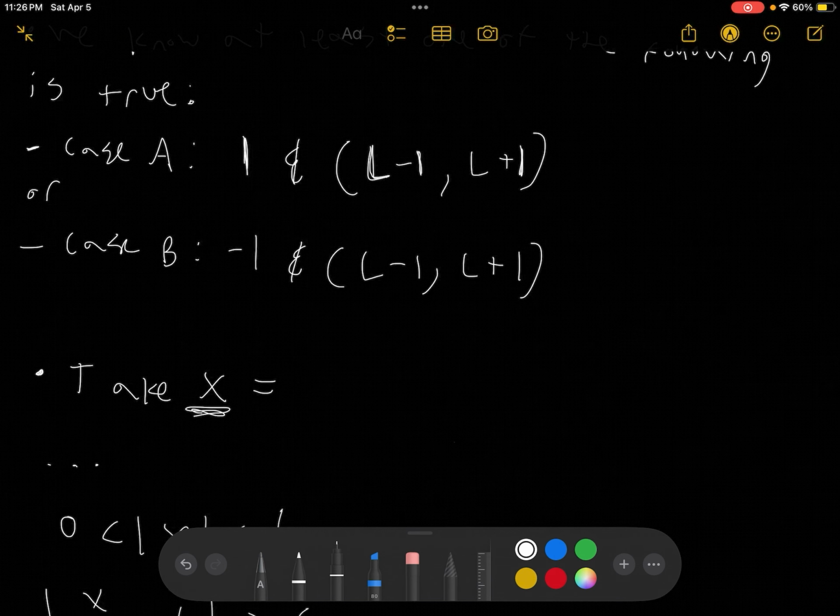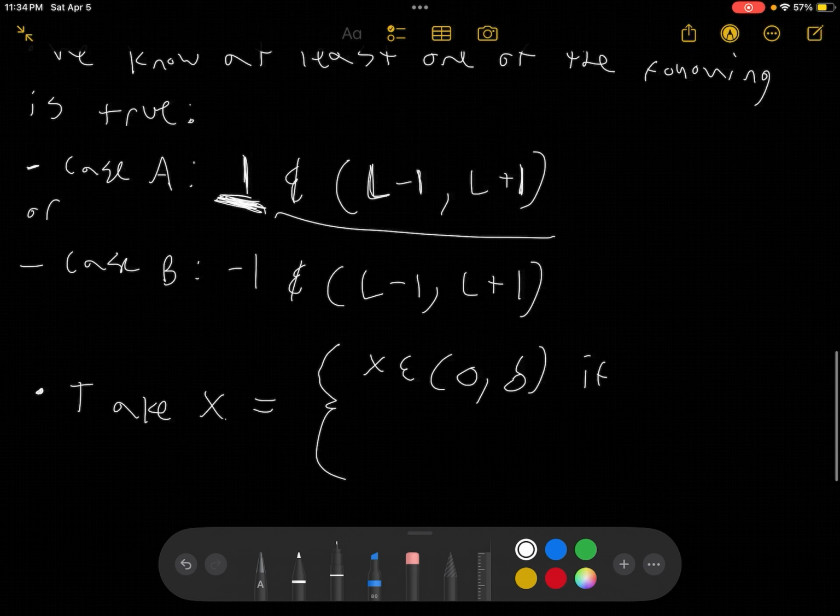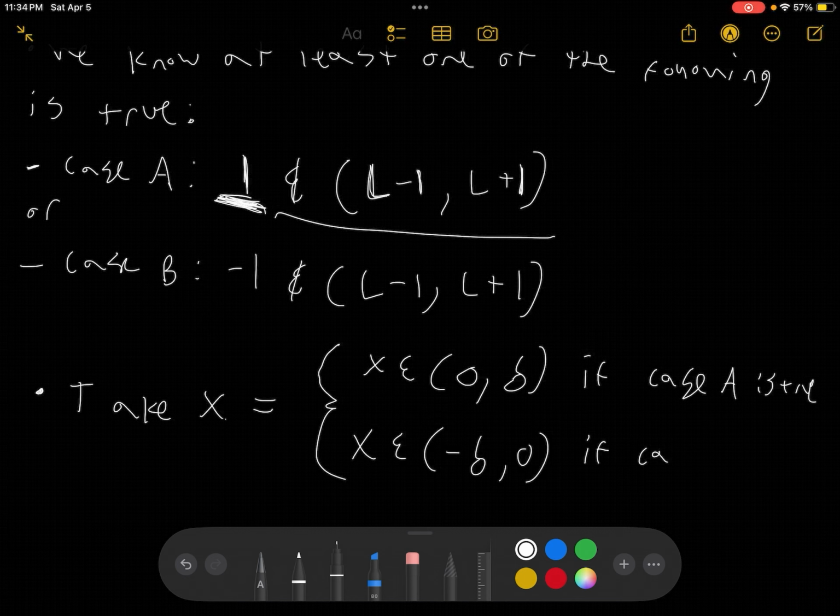So, this will dictate how we take x. So let's take x to be an element of the interval 0 to delta if case A is true, and x to be an element of the interval negative delta 0 if case B is true.